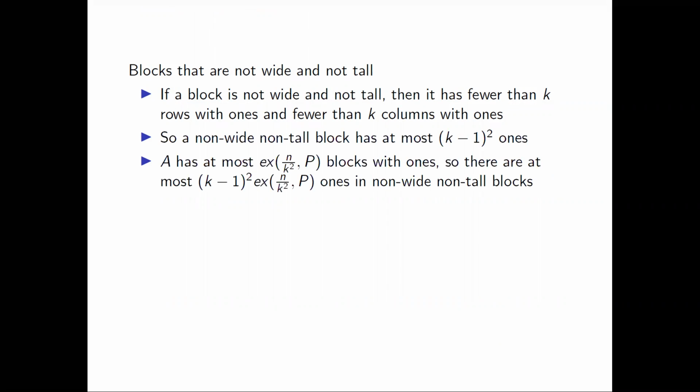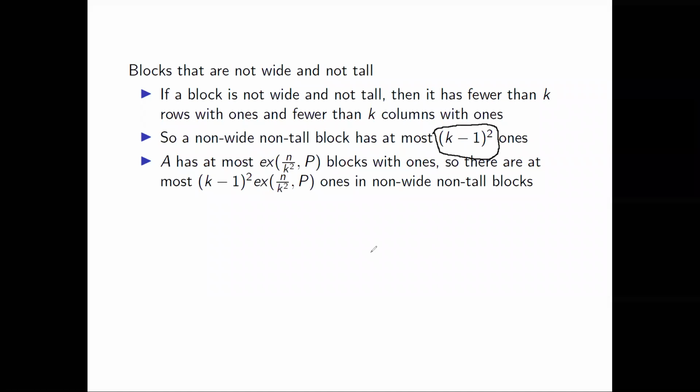And that means that in these non-wide, non-tall blocks, the maximum possible number of ones is going to be the number of non-empty blocks, the number of blocks that have at least a single one, times (k minus 1) squared right here.